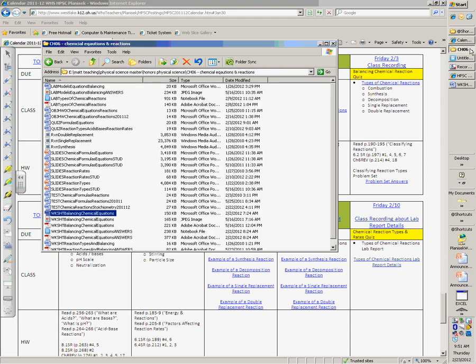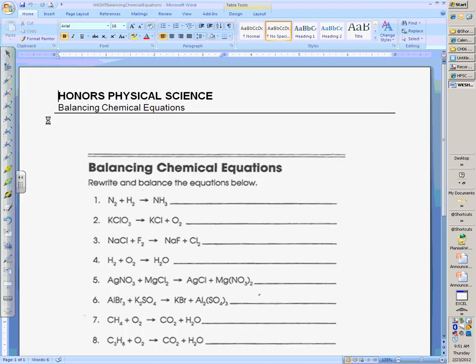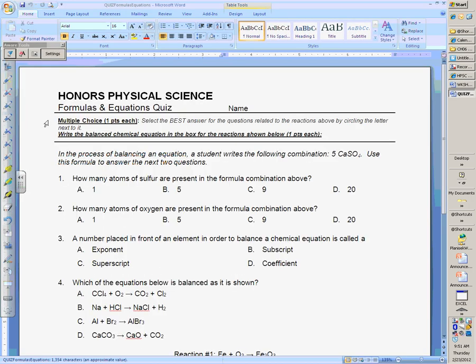That quiz has been handed back to you, and it looks like this. It says formulas and equations quiz at the top. It had a couple of equations and subscripts on it. You had to balance a few things. So that was your first quiz. Okay. Good so far.